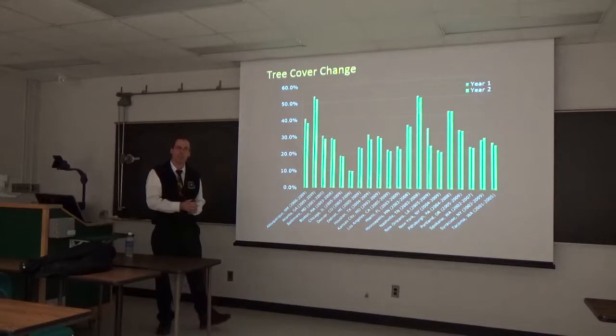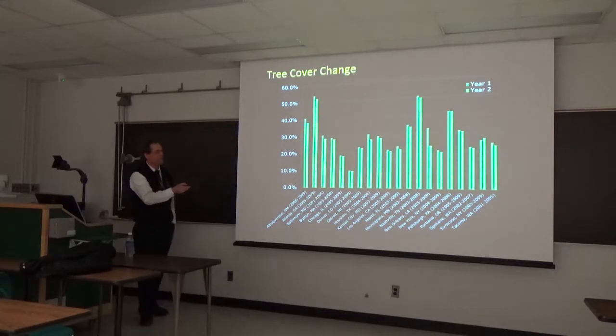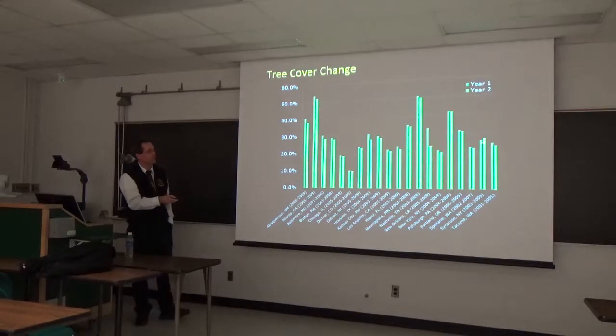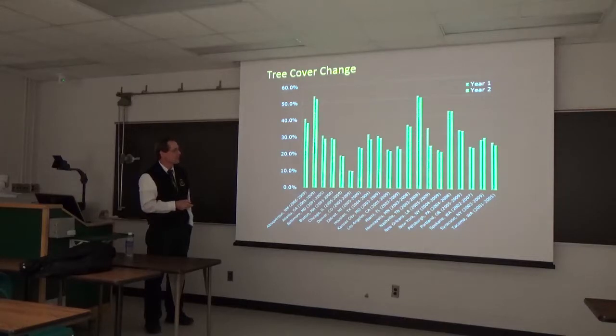Thank you. I'm out at night planting trees, keeping it busy. And that's not necessarily a good thing, what's going on in Syracuse. I'll explain that in a minute, but that's the only one that actually went up in the period of time for the 20 cities.